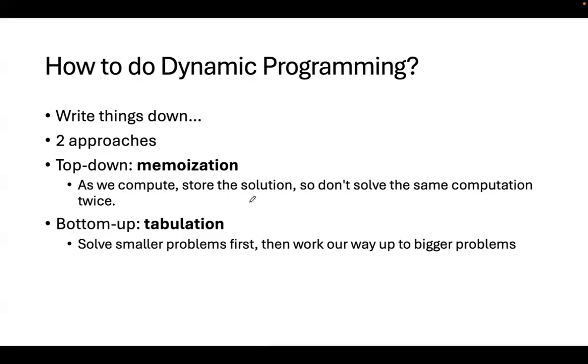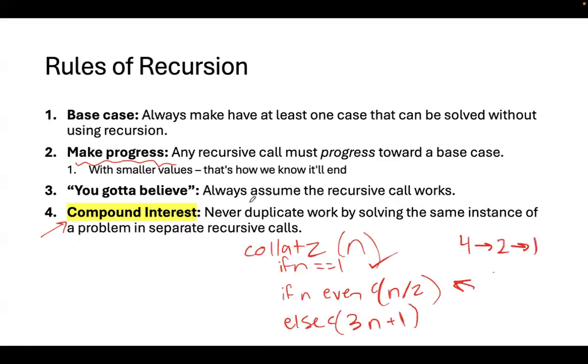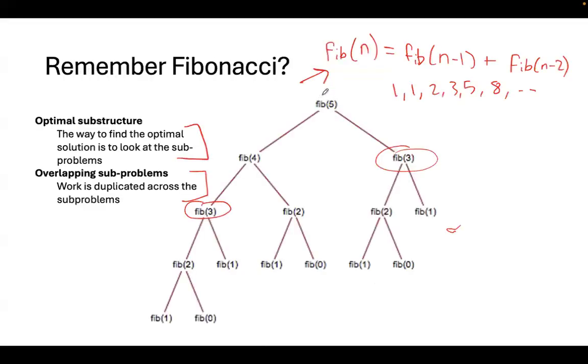If we start with fib of 5, and let's say we go down the left subtree first, we'll compute fib of 4, we'll end up computing fib of 3 and 2, and then we write those down. So fib of 2 is 1 plus 1, which is 2.